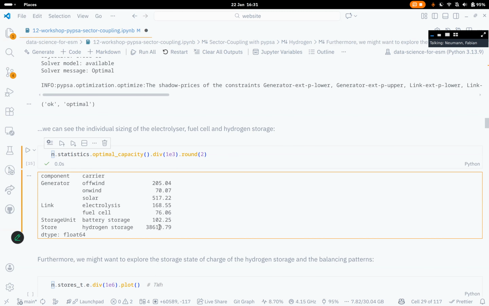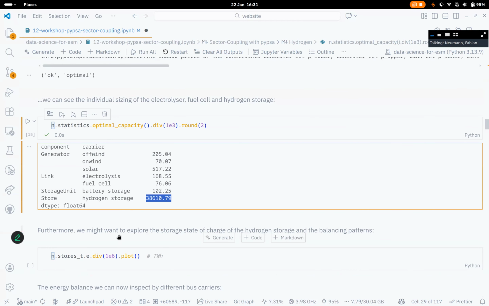And for the store, the unit here would be the unit of the investment variable, and for the store that would be, in this case, because we already divided by 1000, gigawatt hours and not gigawatts, not a unit of power.